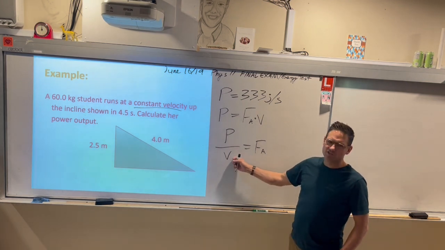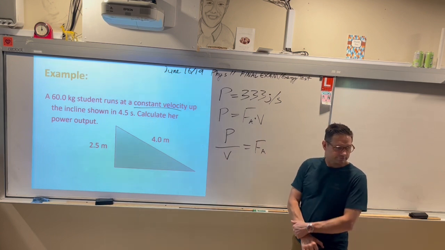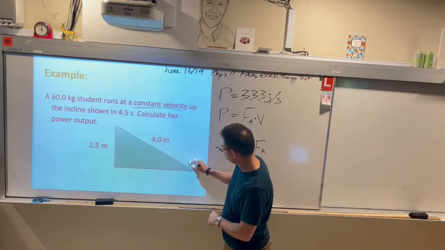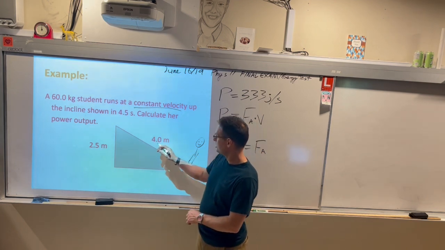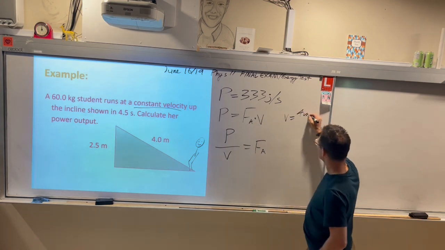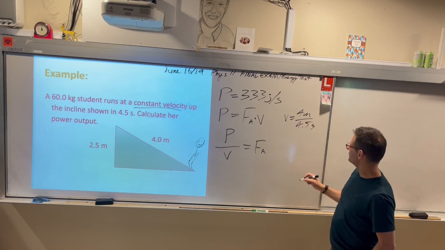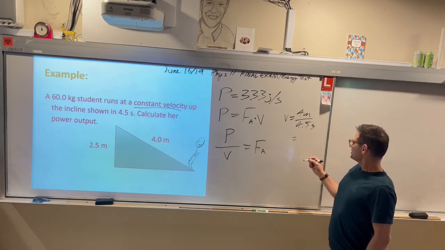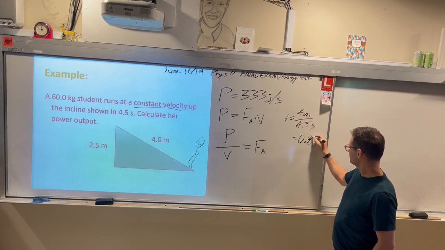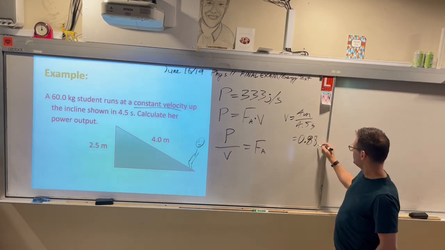So her power over her velocity would be equal to her force applied. How do I know the velocity is just under 1? Her distance traveled, if she's running up here, she goes 4 meters in 4.5 seconds, so my velocity is 4 meters over 4.5 seconds, and that's going to be 0.88 meters per second.